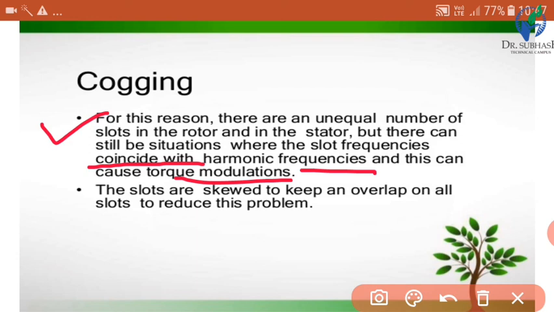So what is the remedy for this? The slots are skewed to keep an overlap on all slots to reduce this problem. It means it is not in a straight line, but it is skewed to keep the overlap of all slots. So these two are the remedies for cogging.